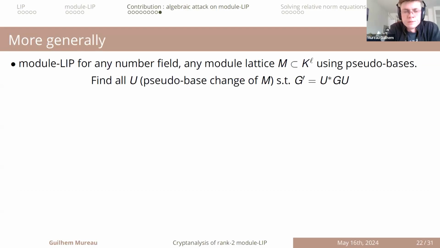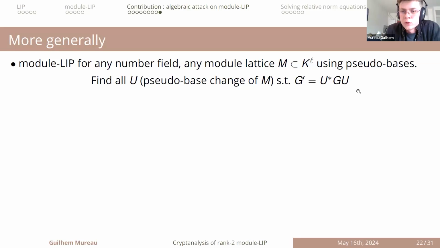So that was for the case of the module lattice OK plus OK. But in fact, in our paper, we did it for every module lattice of rank 2 over any totally real number field. And in fact, you can define module LIP for any module lattice over any field in terms of Gram matrices or pseudo-Gram matrices, because you have to work with pseudo-elements.